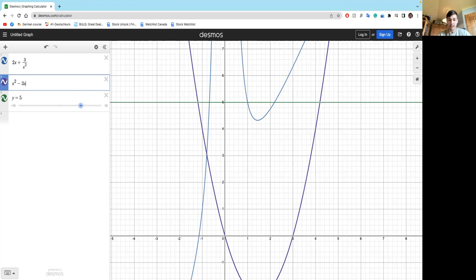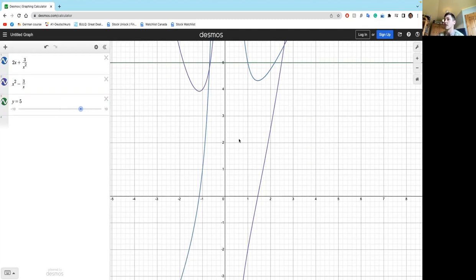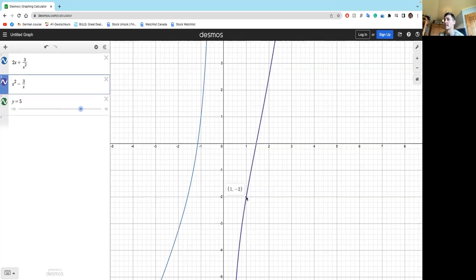So you can see this is 1, 5. And then at 1, -2, sorry, that's the point there. And so line L is tangent here and has a gradient of 5.